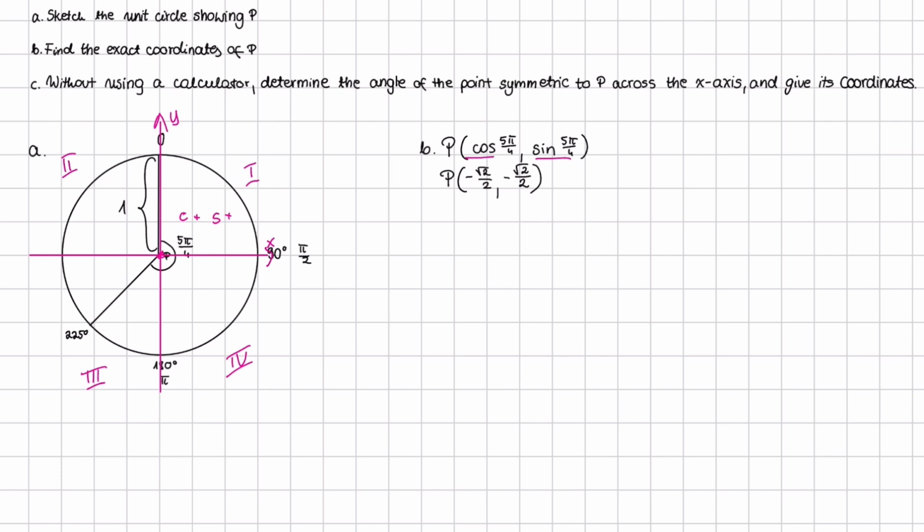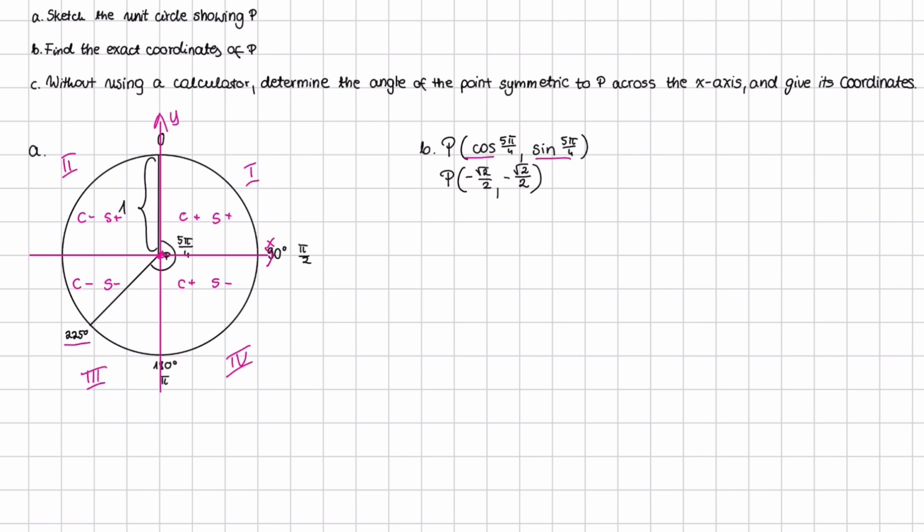In the second quadrant, only sine is positive. So cosine is negative, sine is positive. In the third quadrant, both are negative. And in the fourth, only cosine is positive. So sine is negative.